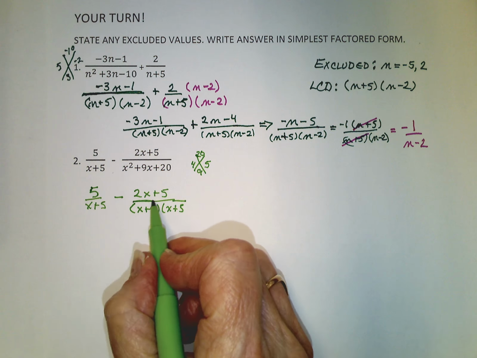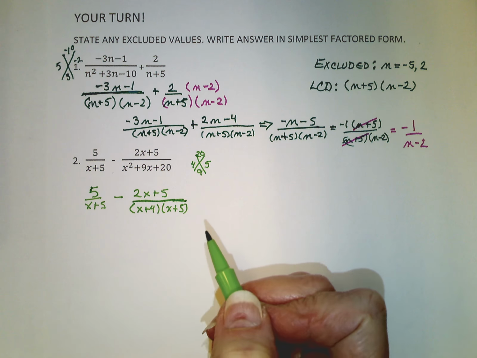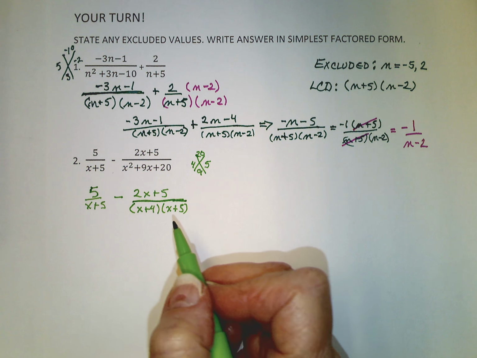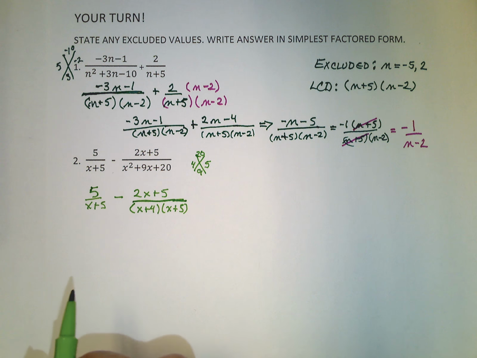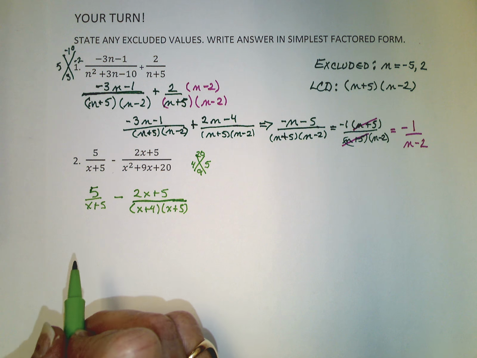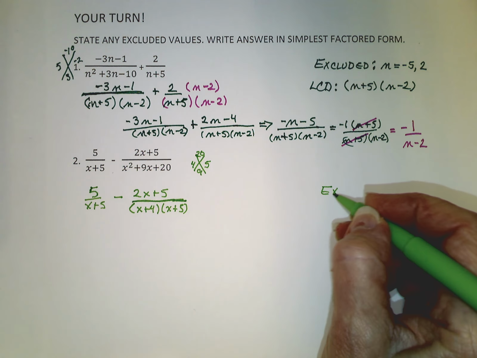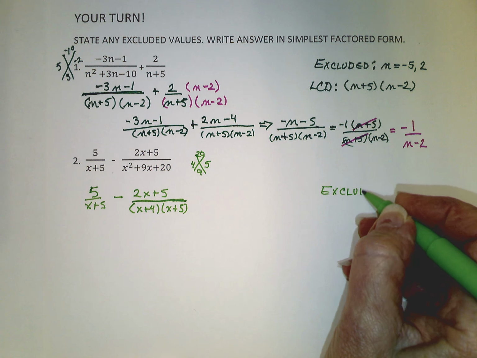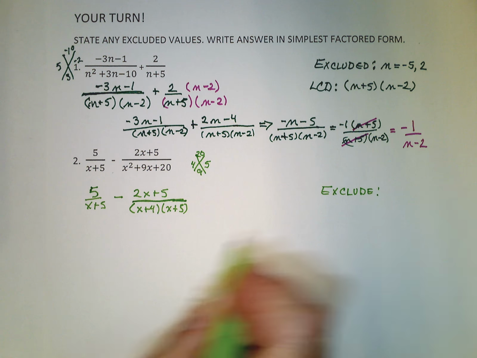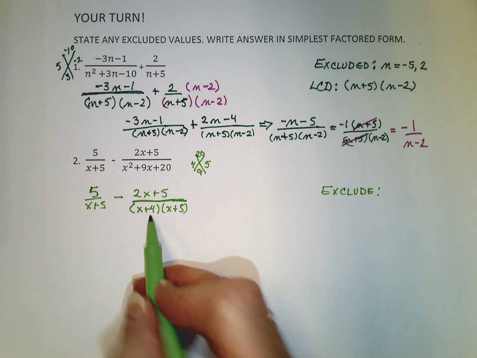So now that we have the denominators factored, we check, are there any x values in this case that we are not allowed to use because they make the denominator equal 0? Well, it's looking like we're going to have to leave out when x equals negative 5 again, and when x equals negative 4.